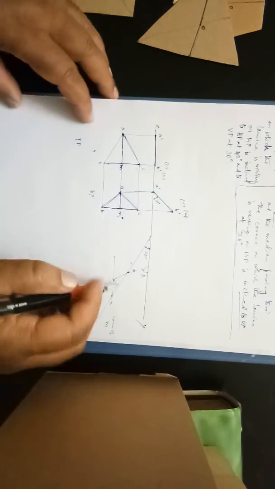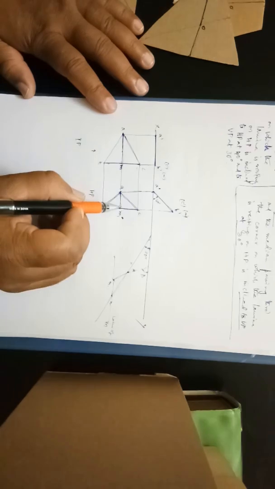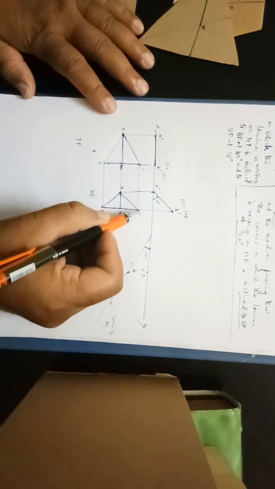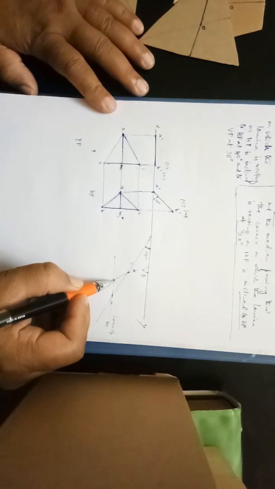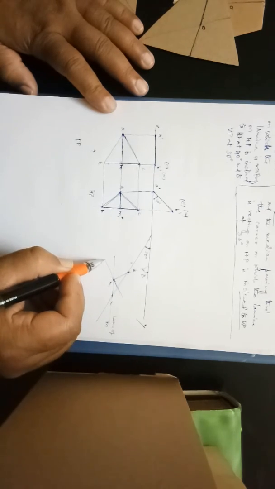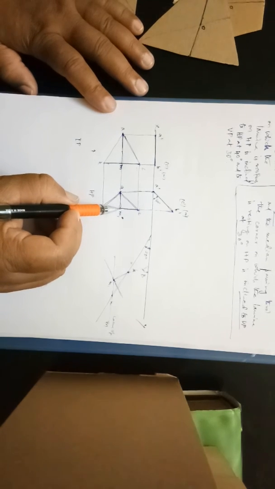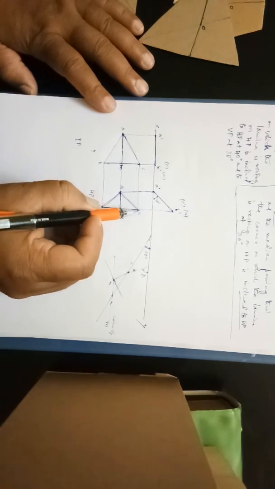Now draw this top view in this position. How? You know this median is perpendicular to BC. So from M1, draw a line perpendicular to AM1. Then from M1, measure the distance M1B and M1C.